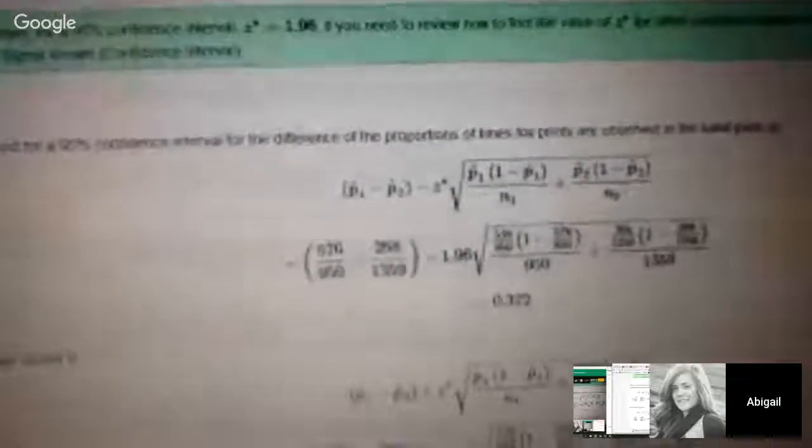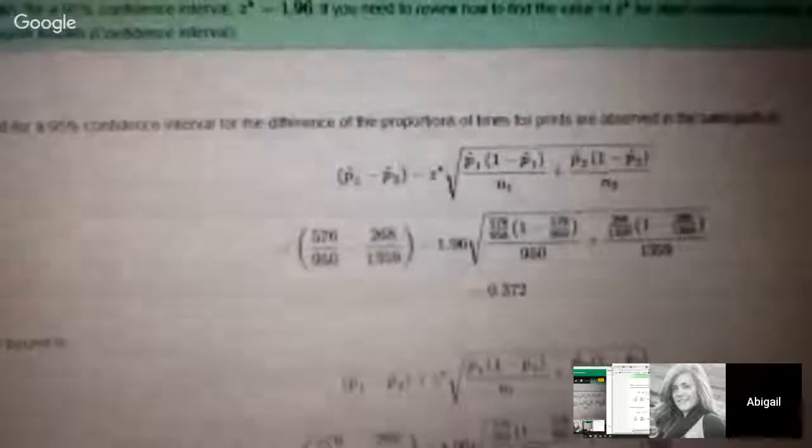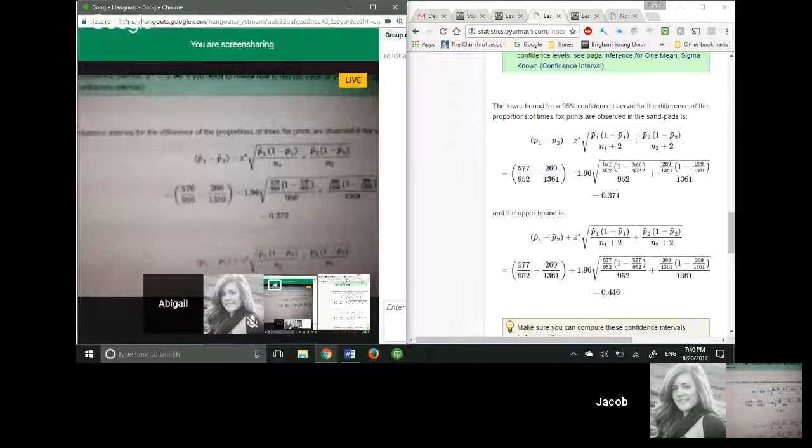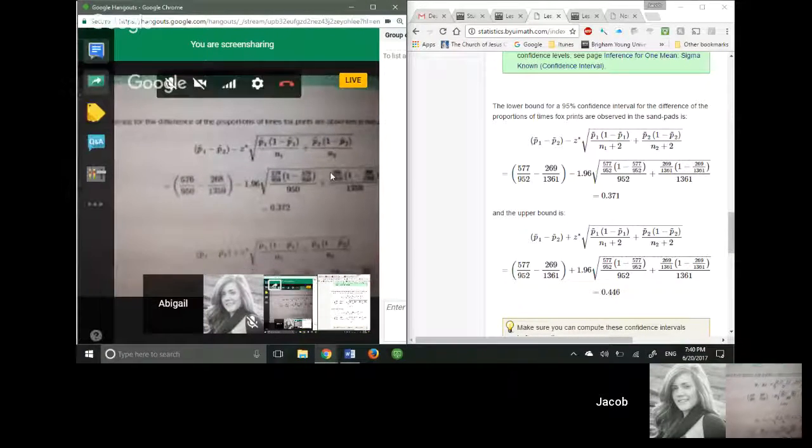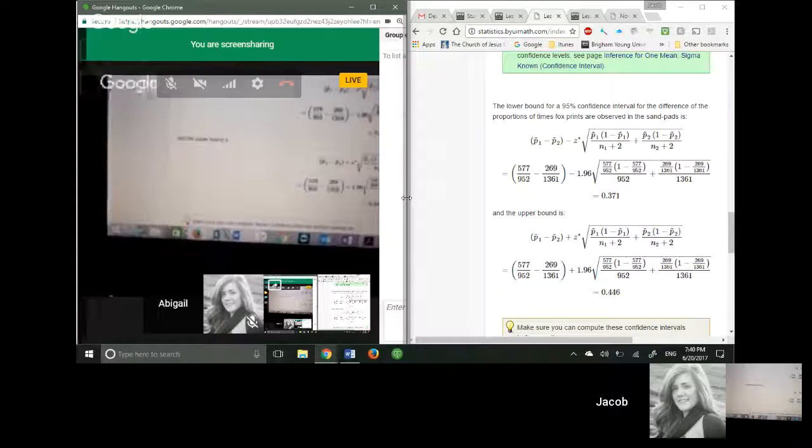On my screen too, they're the same numbers and everything, except it's off by about the thousandths spot on the decimals. It just says 0.372 and yours is 0.371. And then the same thing for the upper, 0.447, and yours is 0.446. Yeah, I don't know. It's like we have 2 different textbooks. What the heck? That's so weird. It's awful. That's what it is.